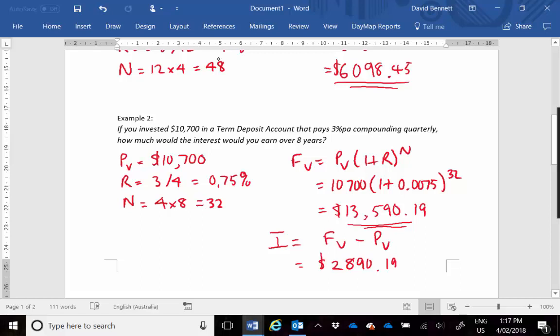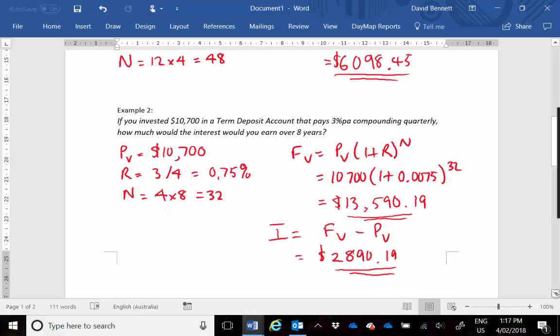I think that process is really important. So what's going to change? What's going to change is the number of payments per year, the number of years, the interest rate, and obviously the present value. Keep in mind, you just have to think how many payments per year.